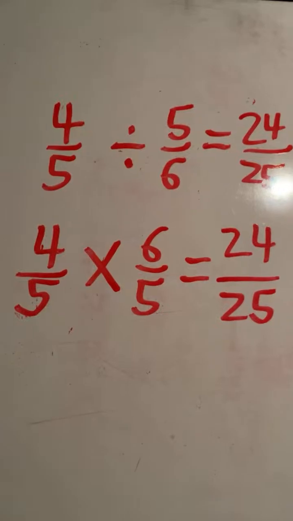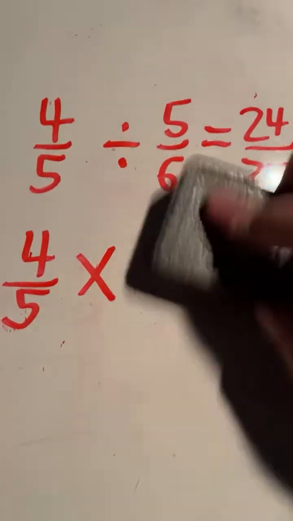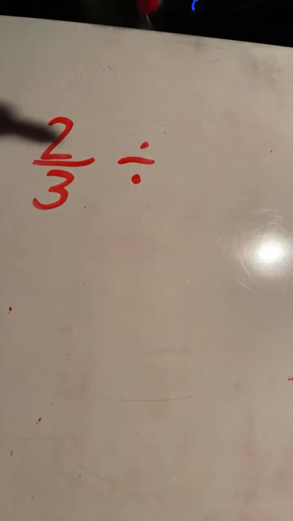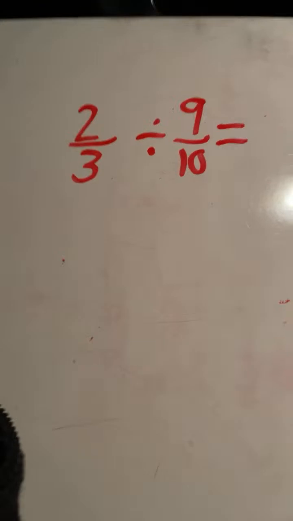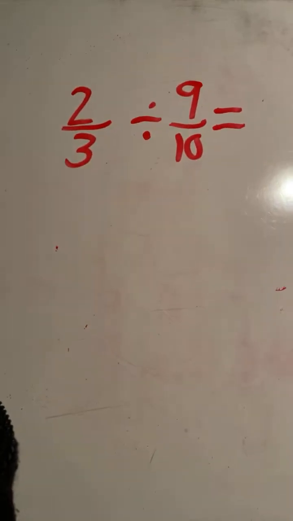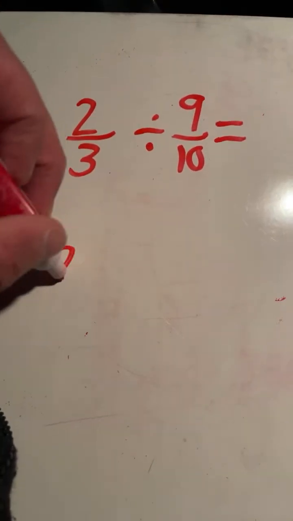All right, next example. Two-thirds divided by 9/10. Step 1, we keep.